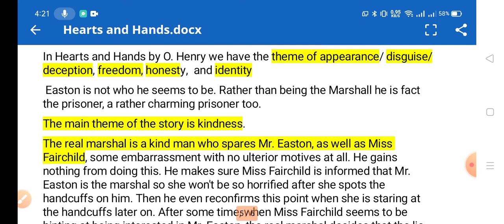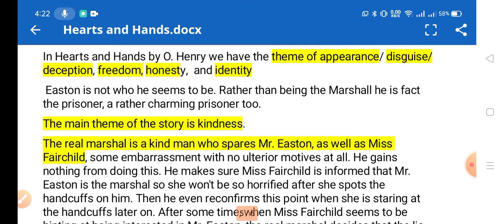And honesty is there, that Mr. Easton tells a lie, and Mr. Marshall also tells a lie to save the reputation of Mr. Easton. So honesty is there and identity is also there.